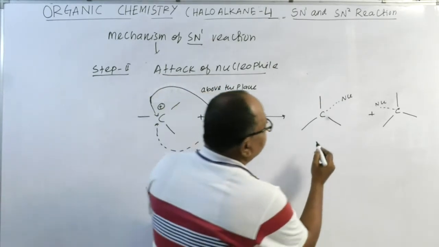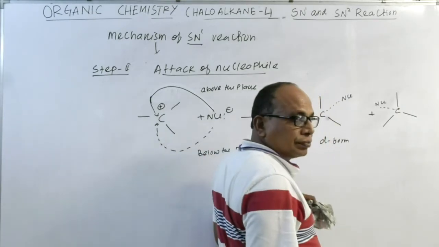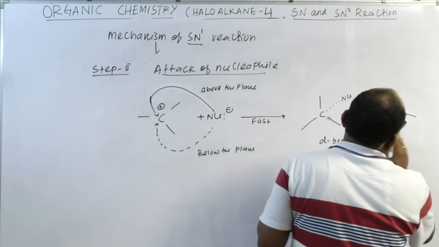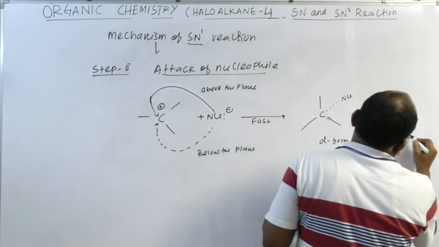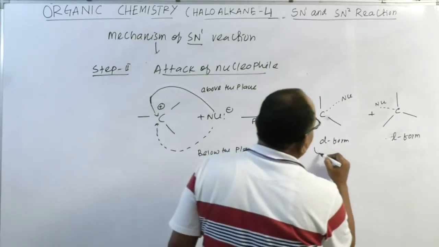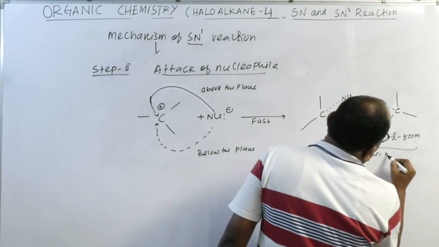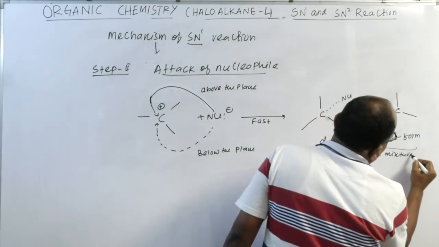If it is the D form, then the other you can say is the L form, and the mixture you will get is a racemic mixture.